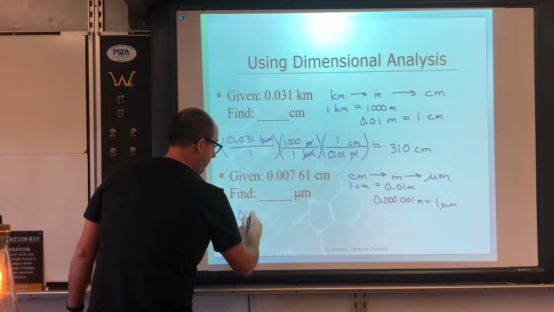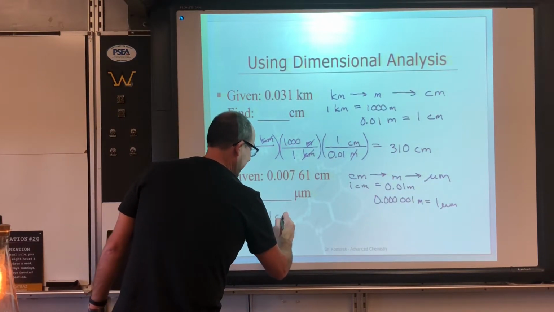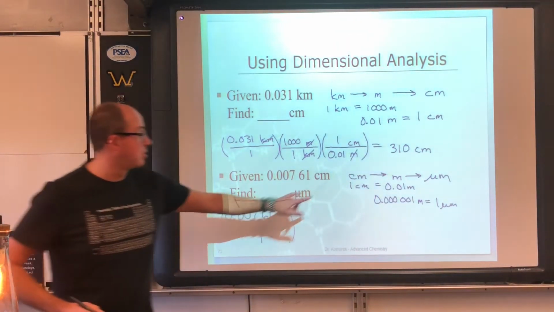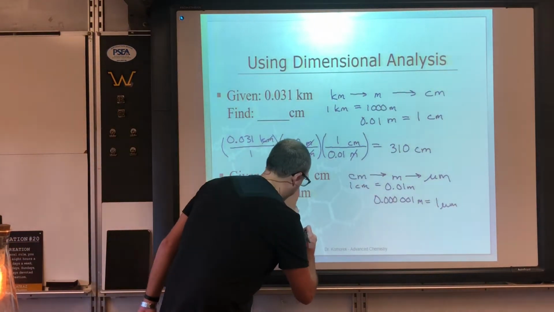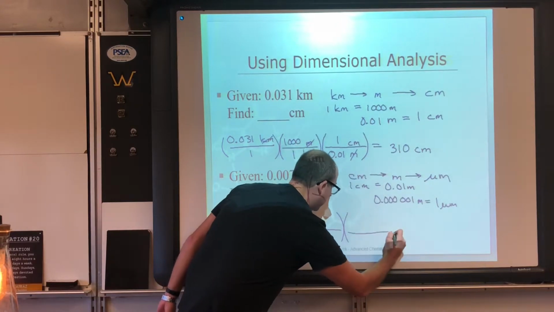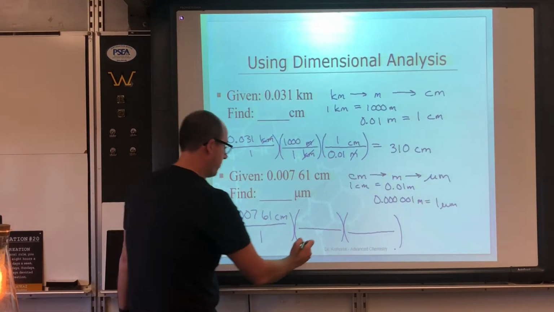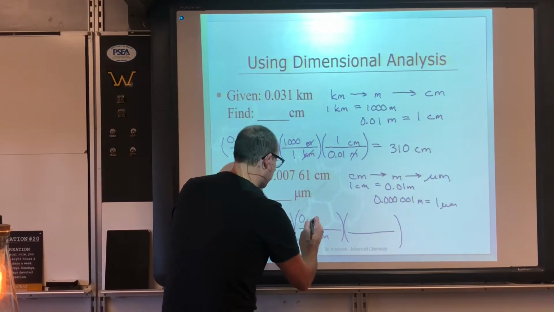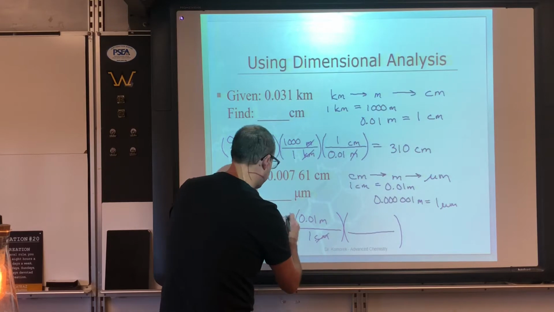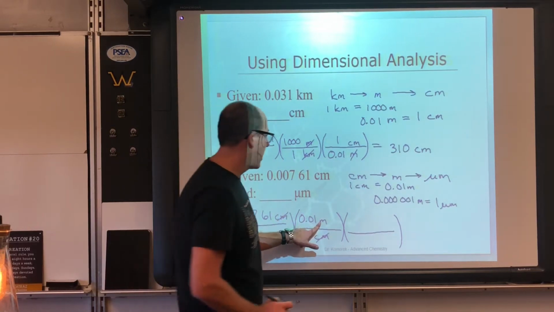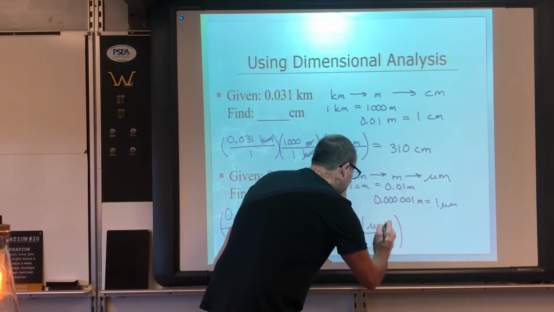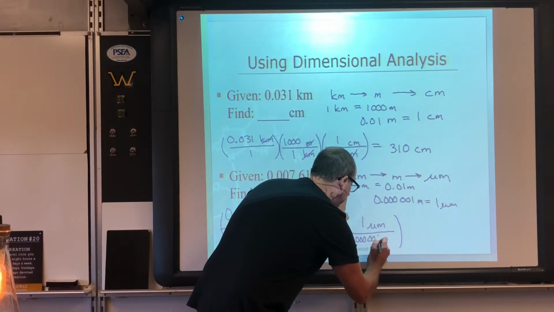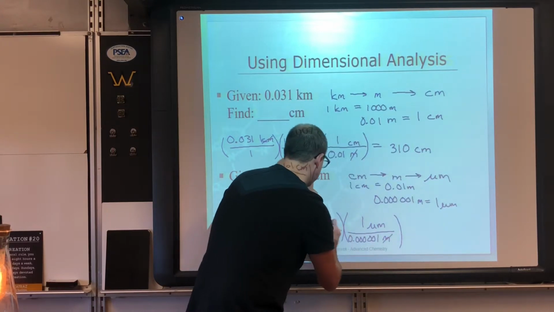You start with the given, and the given has to be written as a fraction. We have 2 brackets, 2 conversion factors. First one, 1 centimeter is on the bottom so that it cancels. Up top, 0.01 meters, centimeters cancels. And in the next bracket, it's 1 micrometer over 1,000,000th of a meter, with meters canceling.